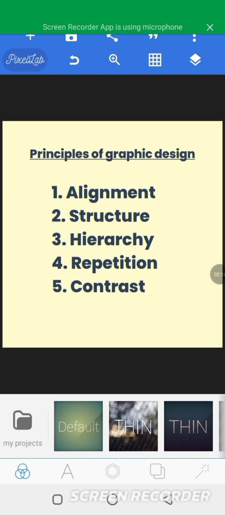Maybe you want your text at the left hand side and your images at the right hand side, or you want your images at the left hand side and then your text at the right hand side, or you want your text to be above and your pictures to be below, or your pictures to be above and then your text to be down. I hope you're getting my point. That is what structure is all about.